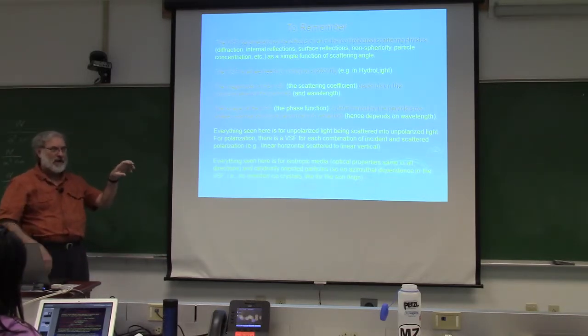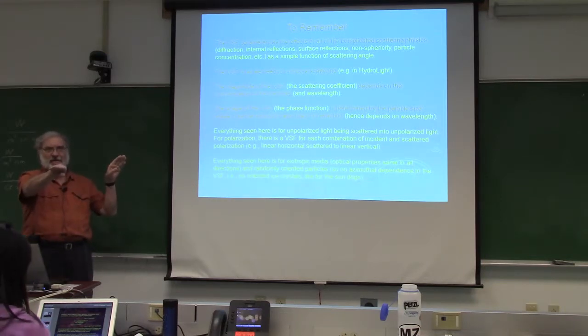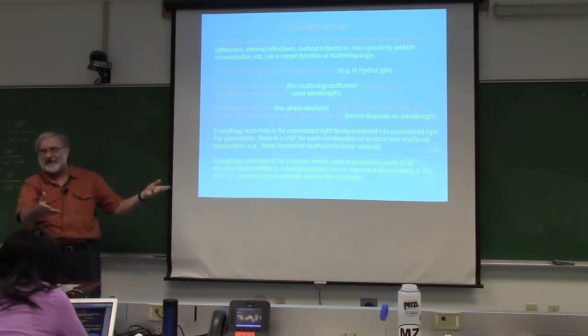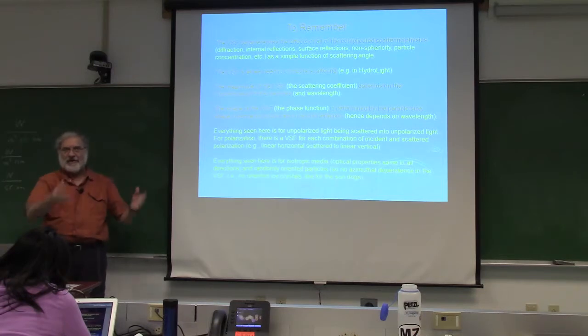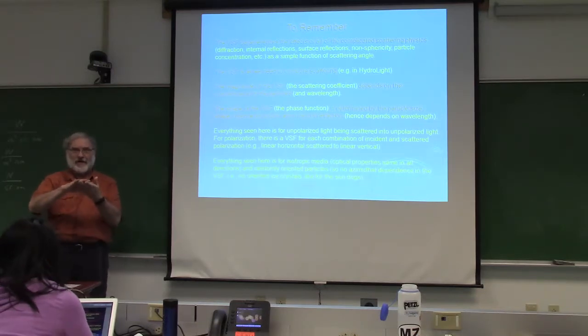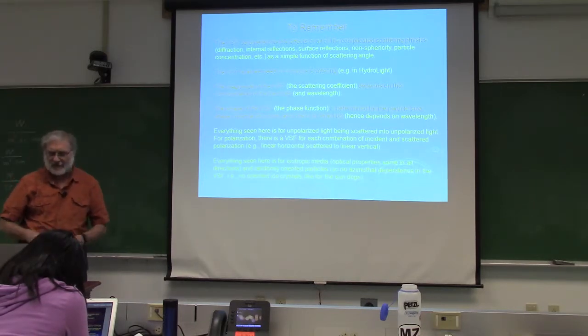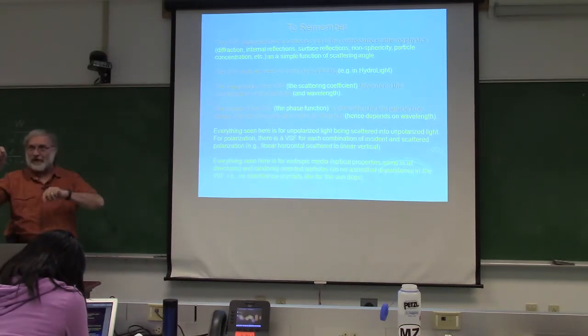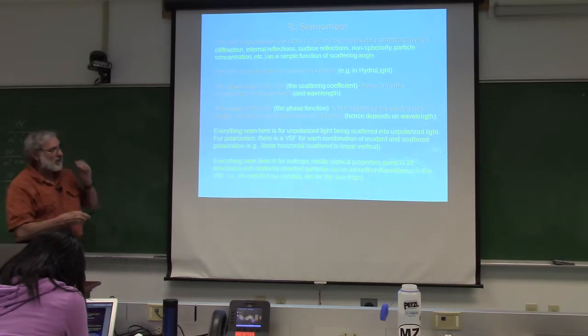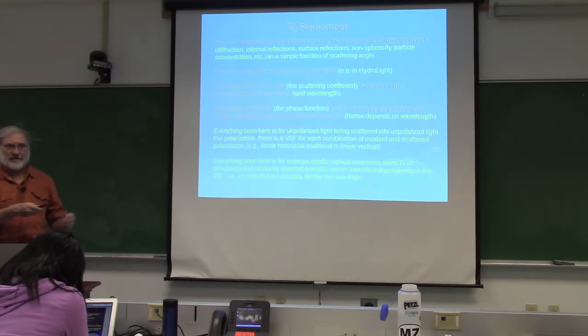If it's unpolarized and it scatters into this linear polarization, there's a VSF for that. So you end up with 16 of these things because there are these 4 Stokes vectors or Stokes parameters that Ken will talk about, and you can go between any 2 of those. So you really have a 4x4 matrix of volume scattering functions in general.